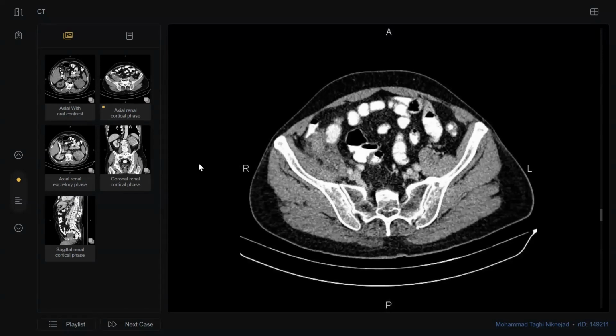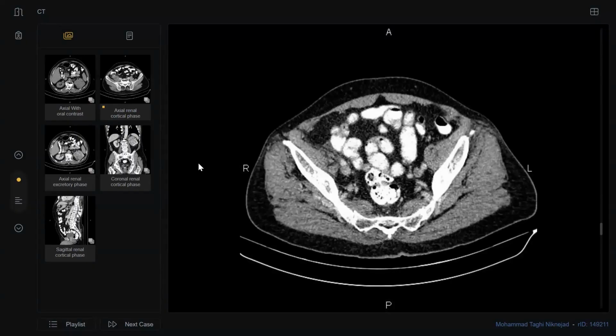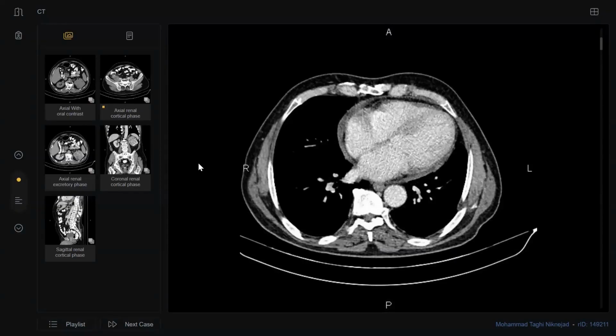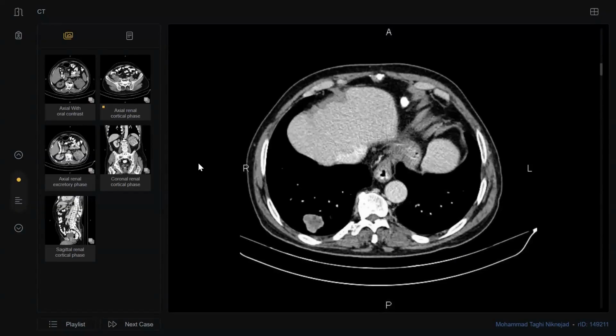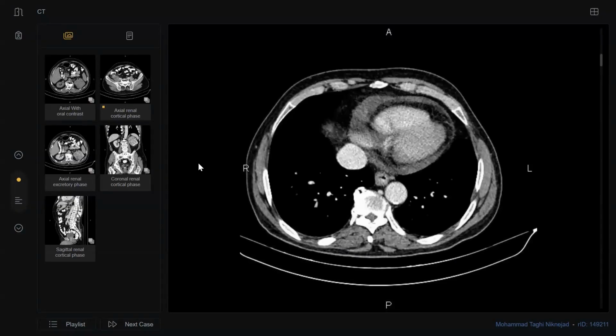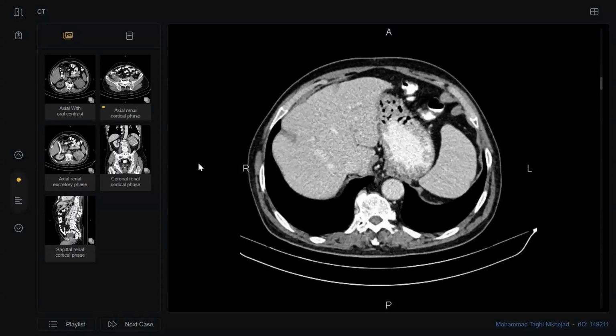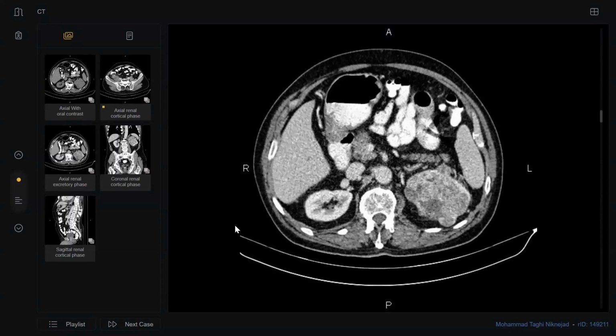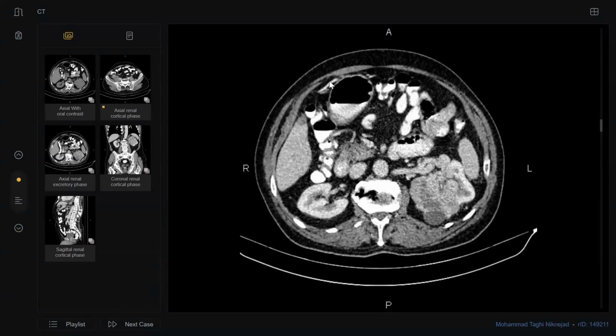My colleagues, this is a case of double pathology. RCC, which metastasized to the lung, associated with mild pericardial effusion and a few small hepatic hypo-enhancing lesions. See, this is one, and I think this is one.